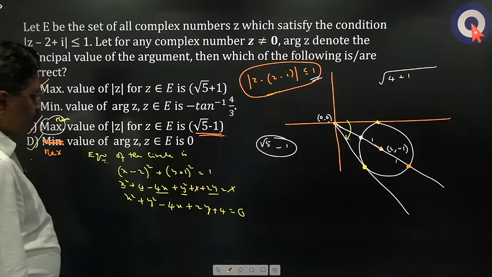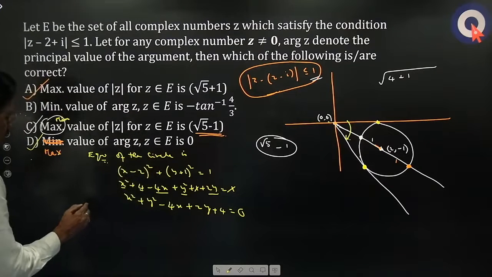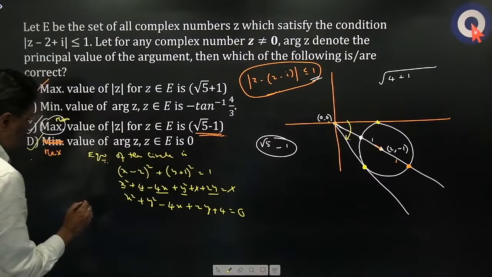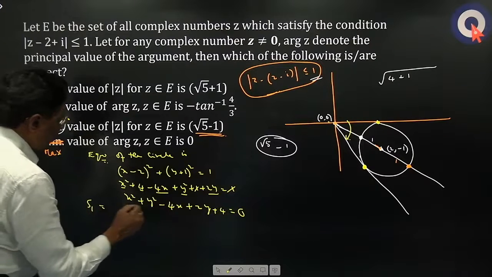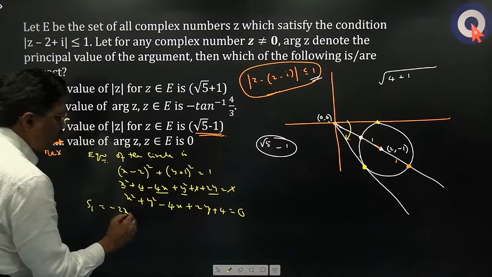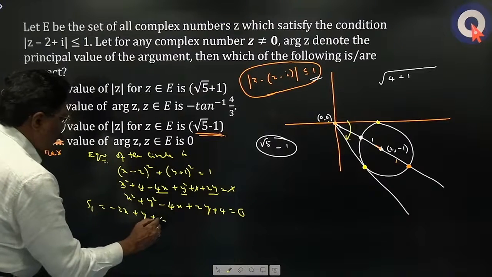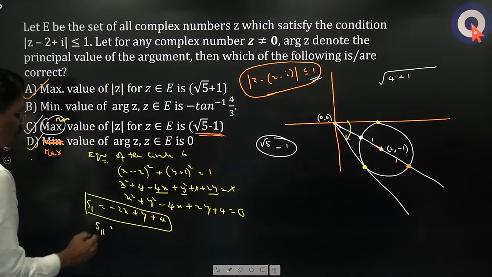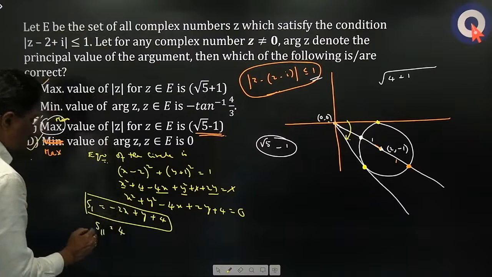Now S1, where the point under consideration is 0, 0, will be 0, 0 minus 2 into x plus x1, x1 is 0, plus y plus y1, y1 is 0, plus 4. This is S1. Now S11 will be x equal to 0, y equal to 0, so I get S11 as 4.